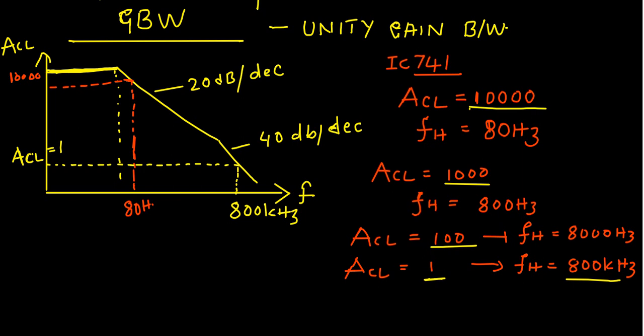Now, depending upon our requirement of frequency compensation, if you know this gain bandwidth product or unity gain frequency or unity gain bandwidth, it becomes the bandwidth only, since we take it from 0. That will give us an idea where exactly the operational amplifier circuit is going into the region of instability.